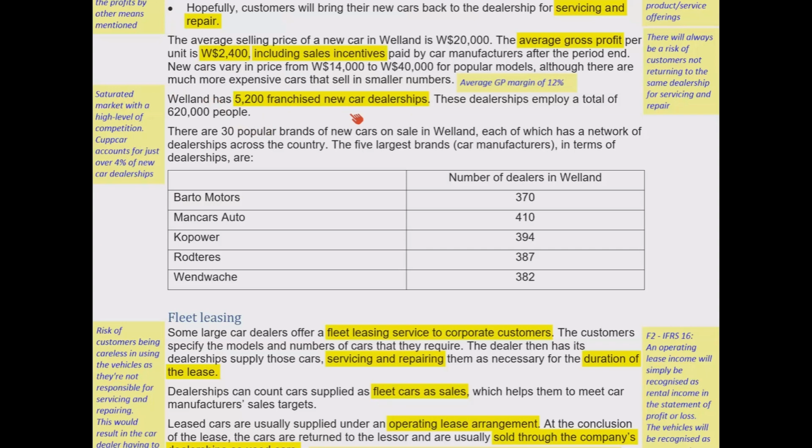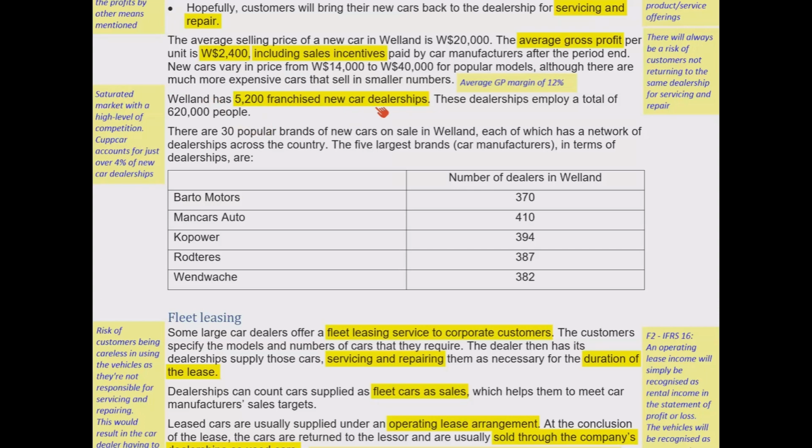So highly competitive. The importance then, mentioned later, I'm saying it to you now, is the importance of good information, good data, information systems, a bit of P2 coming in.